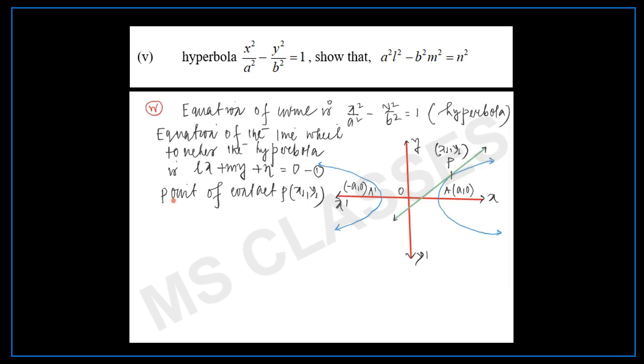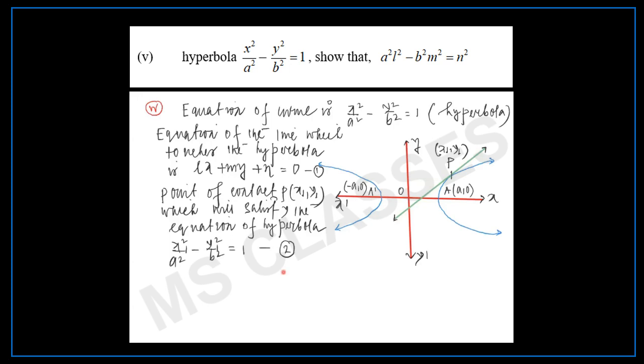So we have taken here point of contact as P x1 y1, which will satisfy the equation of hyperbola. So x square by a square minus y square by b square equal to 1. This satisfies the equation of the hyperbola, so x1 square by a square minus y1 square by b square equal to 1. We mark that as equation 2.